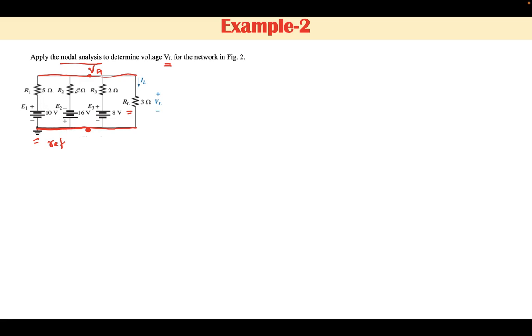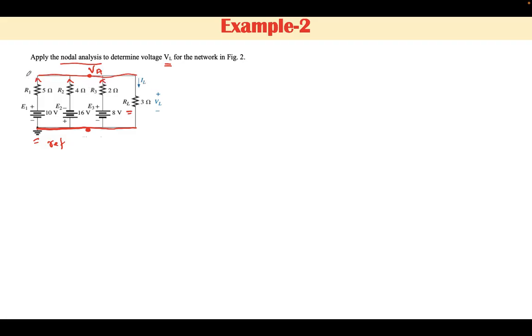Applying the concept of nodal analysis, let me consider the current in each branch. Here it is I1, here it is I2, here it is I3, and this current is taken as I4.